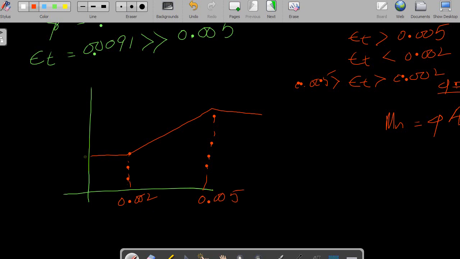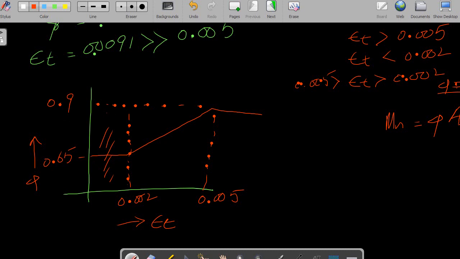Here we have the phi value and here we have the strain value epsilon t. Here the phi value is 0.65 and here the value is 0.9, right? This zone is the compression zone.